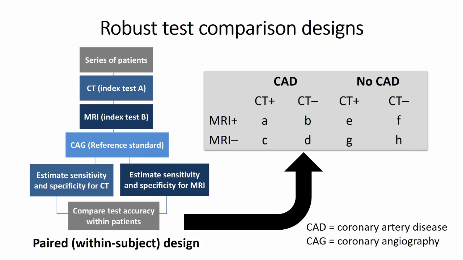So although such a table is potentially very useful, studies do not often present results in this format, but rather they give a separate 2x2 table for each test cross-classified against the reference standard, as you saw in the previous slide for a randomized study.